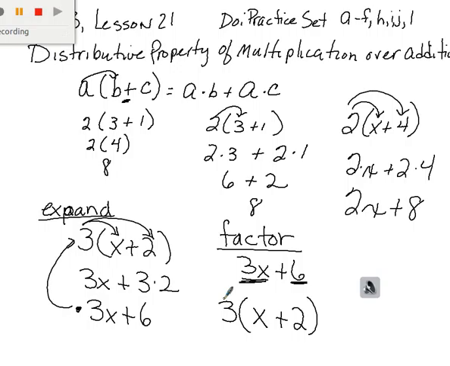You check your factoring answer by doing the distributive property. 3 times x is 3x. 3 times 2 is 6. So you've done it correctly. As we move on and we have another factoring problem, suppose you were told to factor 2x plus 7.